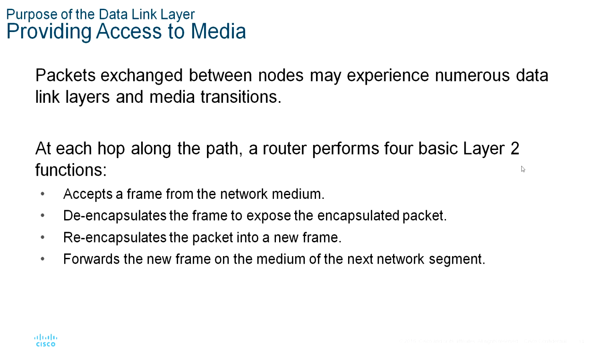Addressing provides source and destination addressing for transporting the layer 2 frame between devices on the same shared medium. Next one, error control includes a trailer used to detect transmission errors.